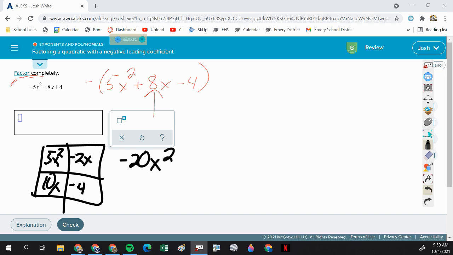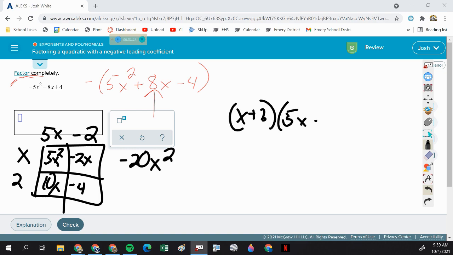What does the top row share? They both have an x. So if I pull out an x, I get 5x minus 2. And if I pull a 5 out of the left column, then I get 2. So my factors are x plus 2 and 5x minus 2.